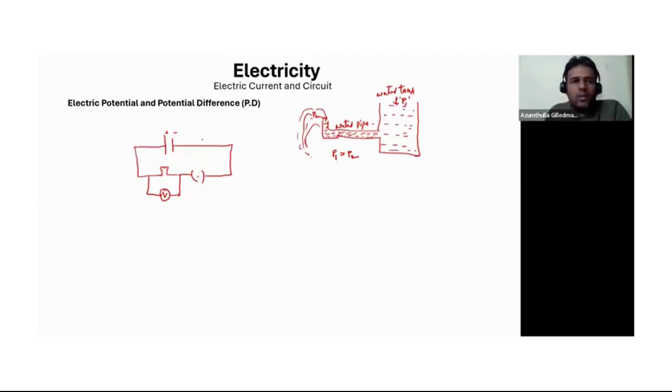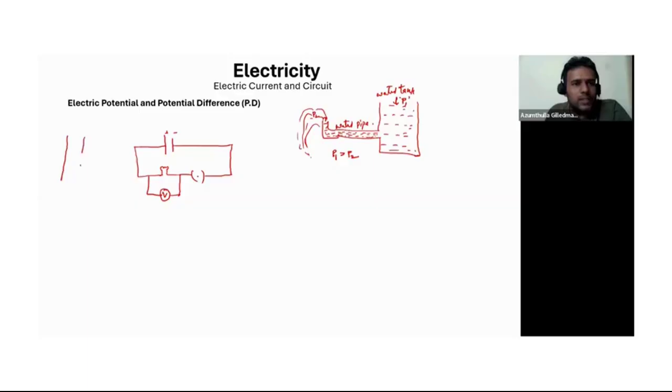Now whenever in a battery you have two terminals, right? Positive terminal and negative terminal. So you know the batteries, right? Batteries are the ones that we use in the TV remote or in a torchlight. That battery always has a plus and minus.